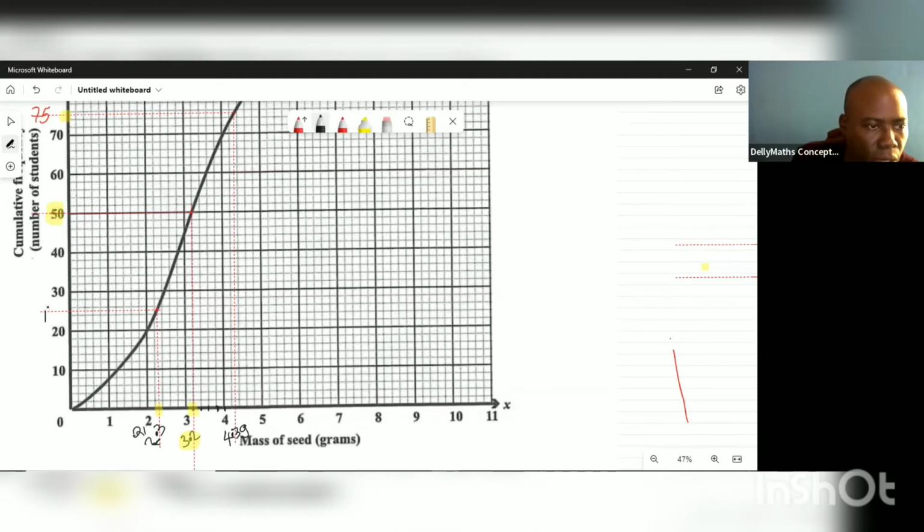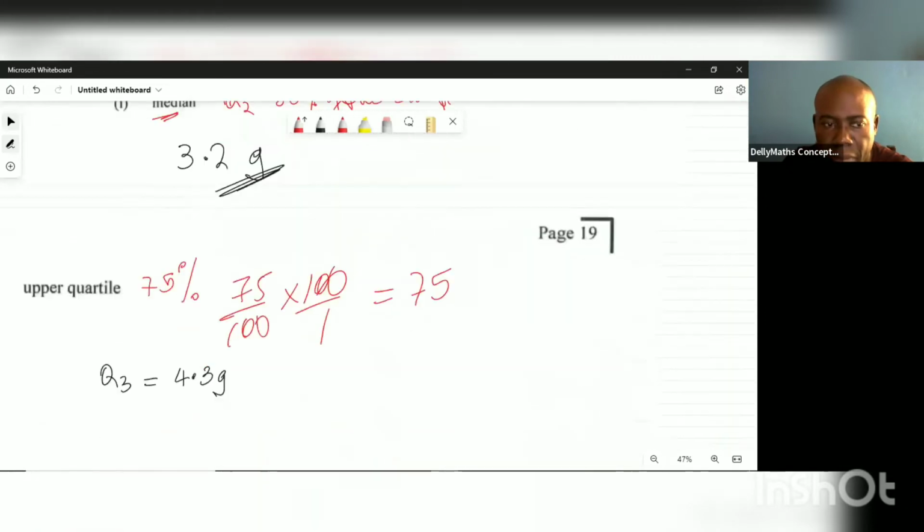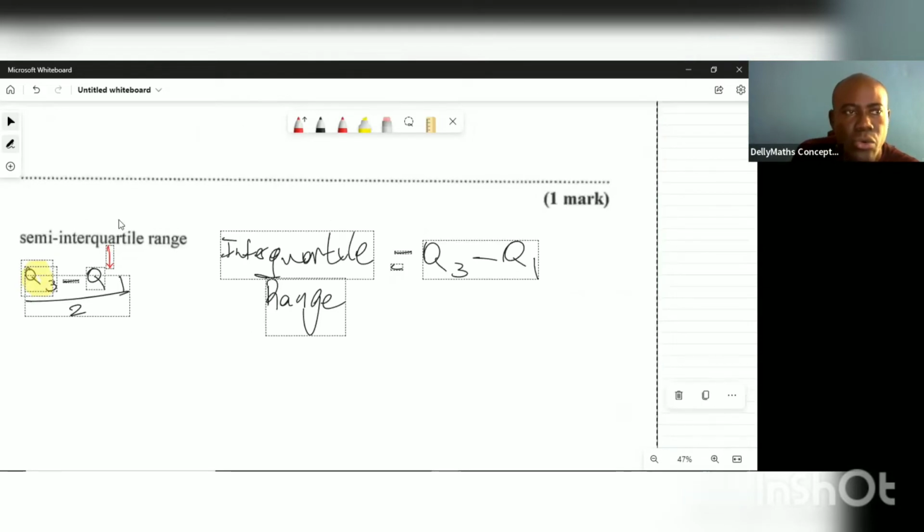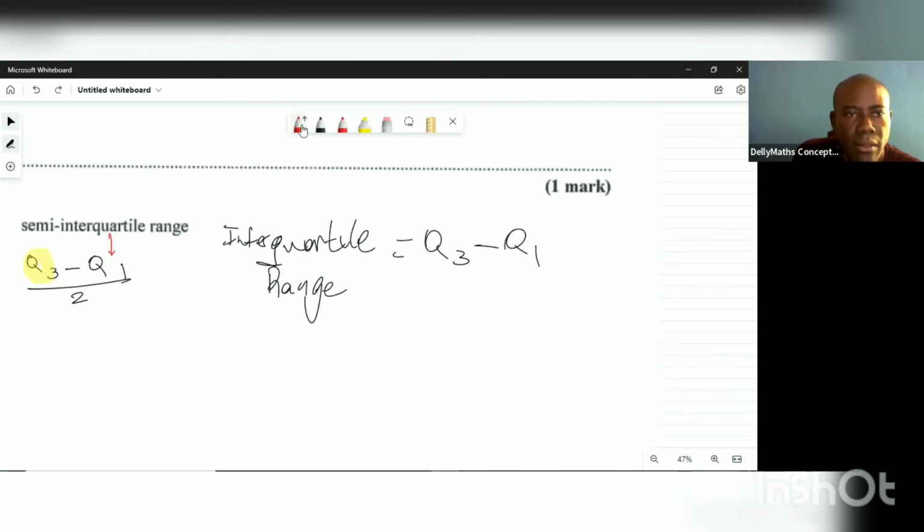And if you are wondering, this is our 25 right there. So in an effort to find this, I just found out 2.3. So let's write down my Q1. Q1, I got 2.3 grams. My Q3, I already got 4.3 grams.